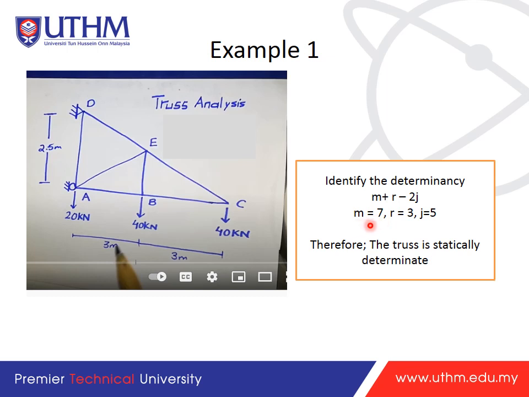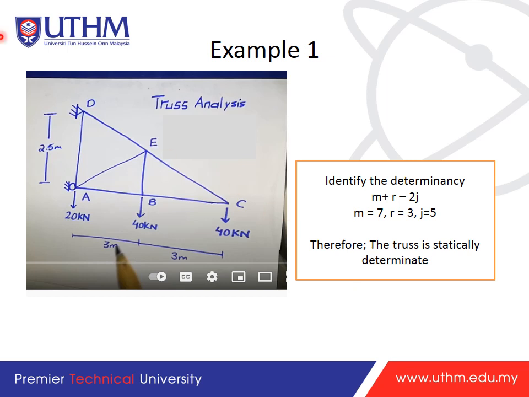The members are 7: 1, 2, 3, 4, 5, 6, 7. For R we have the pin and the roller, so R is 3 in total, and J is the joints, 1, 2, 3, 4, 5, which is 5. Using this, we know that the truss is statically determinate.